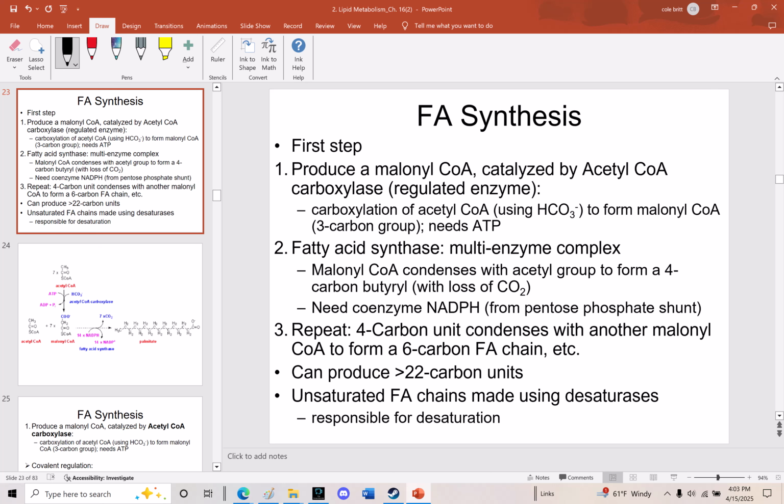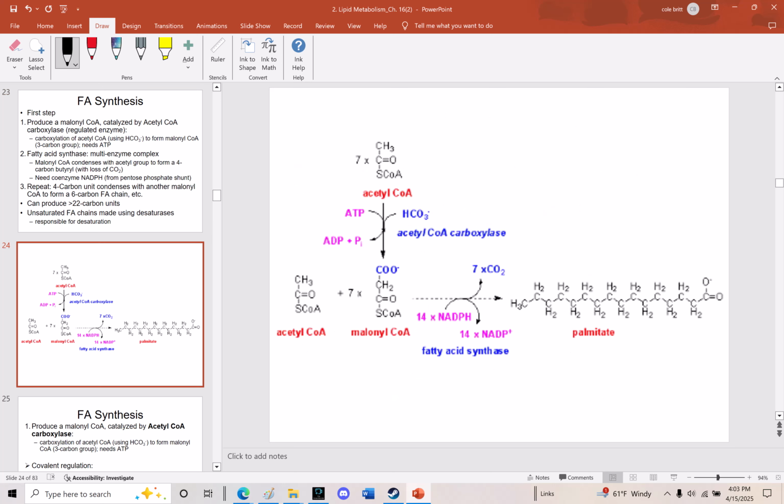So we've got 1, 2, 3, 4, 5, 6, 7, 8, 9, 10, 11, 12, 13, 14, 15, 16 carbon fatty acid. Palmitate is a very common one. It's the primary product of fatty acid synthesis. So this is the enzyme right here, fatty acid synthase.